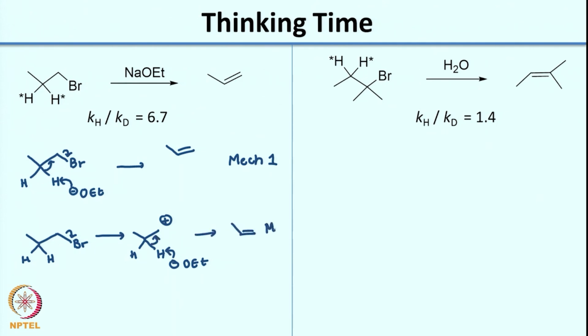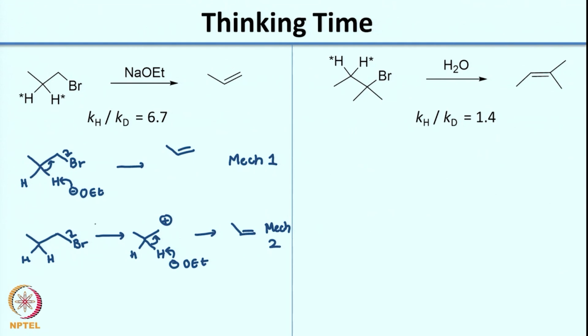So this is mechanism 2. Alright. So these are the two mechanisms you can write. One is an E2 type of mechanism and the second is an E1 type of mechanism.